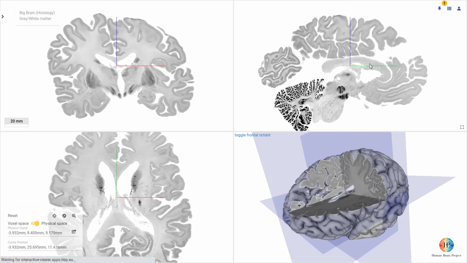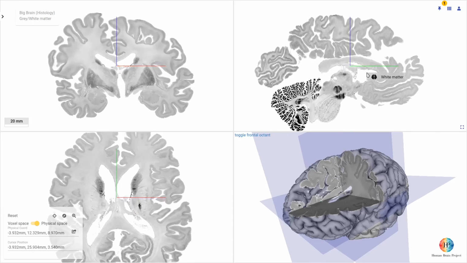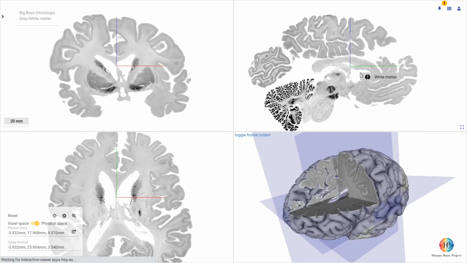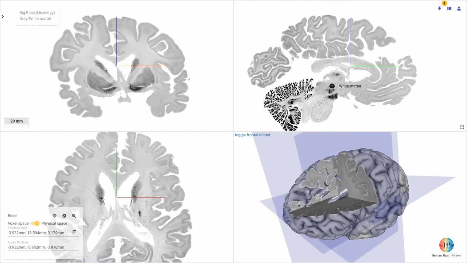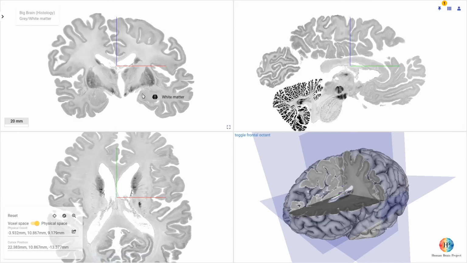So we move forward. Moving forward again. And now we're back at the level of the anterior commissure, connecting the two temporal lobes. If you move it back a bit, that's where you find the amygdala.